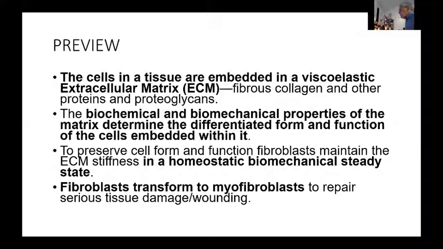The biochemical and biomechanical properties of the matrix have a very big effect on determining the differentiating form and function of the cells embedded within it. I'm going to say a little about that later.